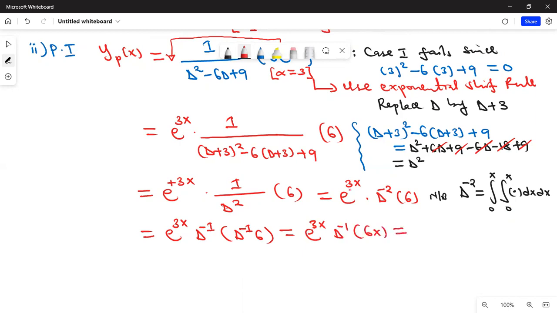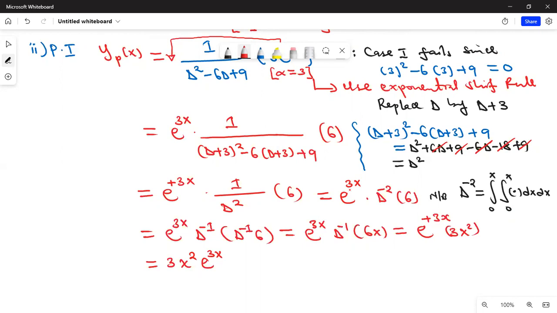And again, when you integrate further, you get exponential, no, that's positive 3x. Integrate 6x from 0 to x, that will give you 3x squared. So that what we have here is 3x squared exponential 3x. So that's our particular integral.